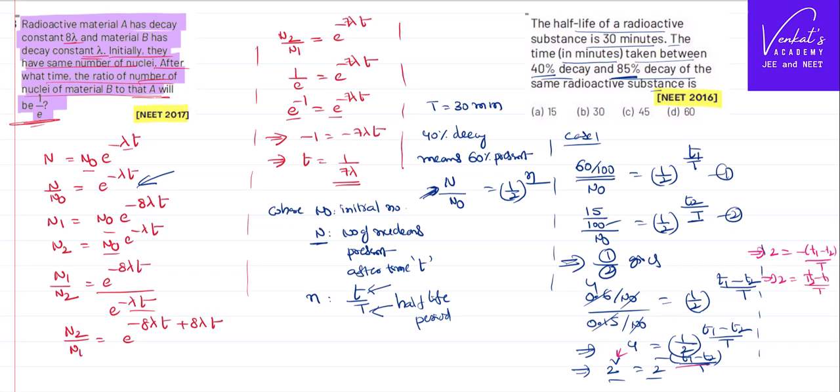You want the time difference between them, the time in minutes taken between 40% and 85% decay, which is T2 minus T1. Take the half-life period to the other side. It becomes 2 into half-life period. The half-life period is given as 30 minutes, so 2 into 30 minutes, the answer will become 60 minutes. That's how we solve this problem. Thank you for watching.